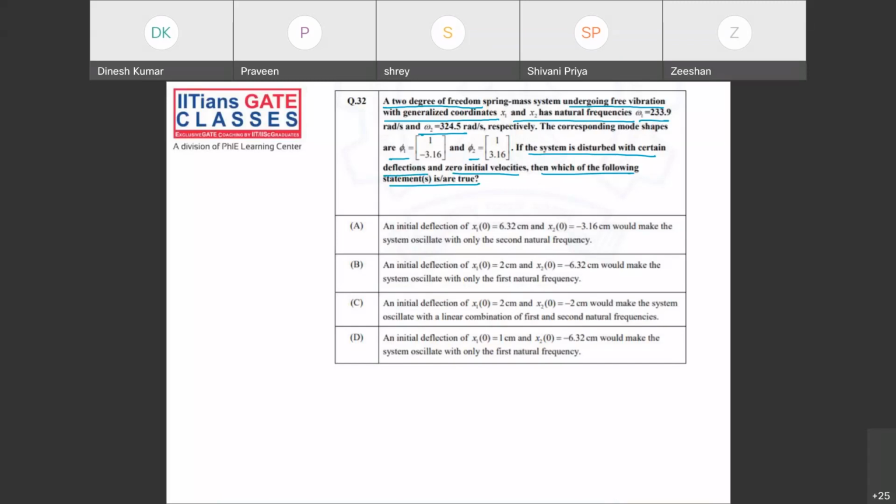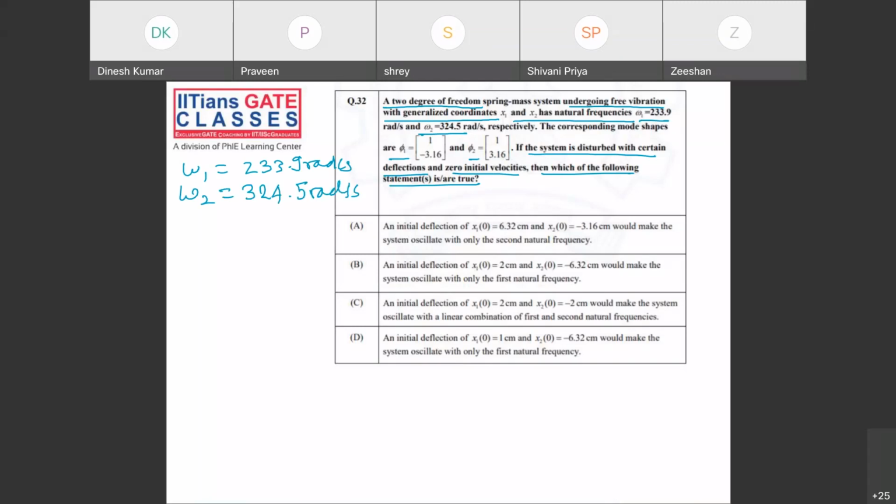First, whatever this omega 1 is given, we are not going to use it anywhere. So just write this omega 1 value. It is 233.9 radian per second. Omega 2 is given as 324.5 radian per second.